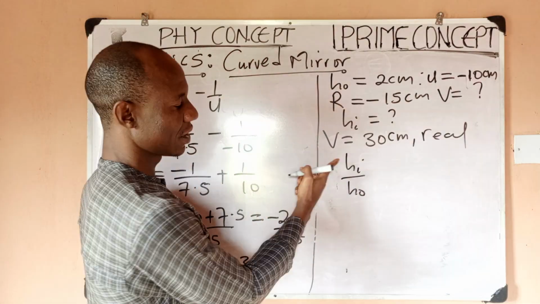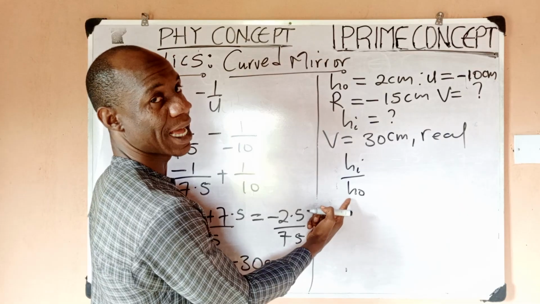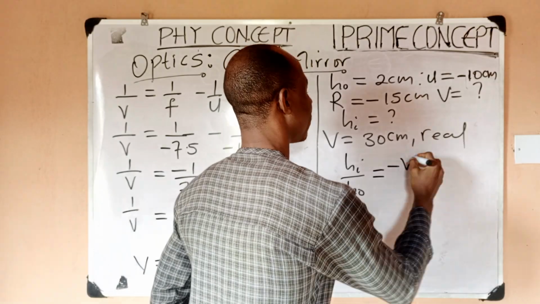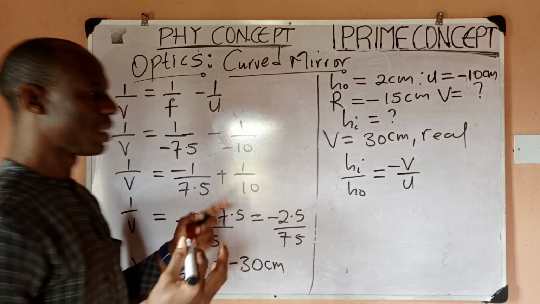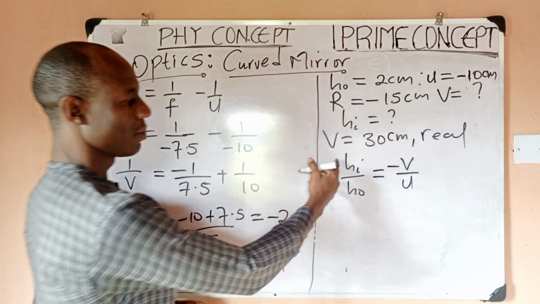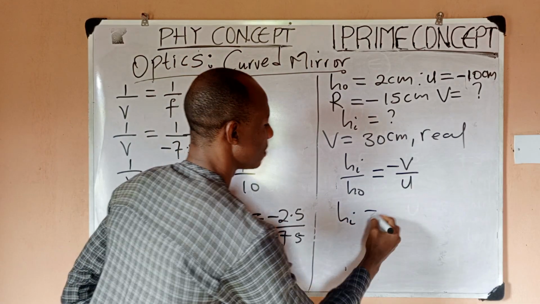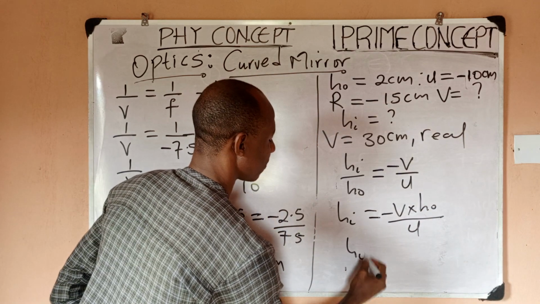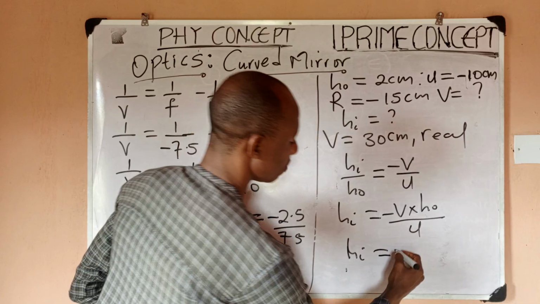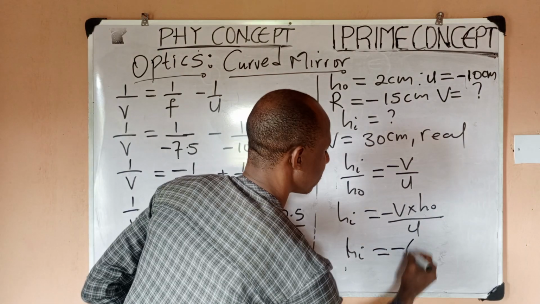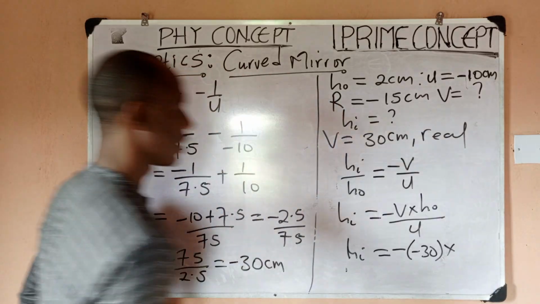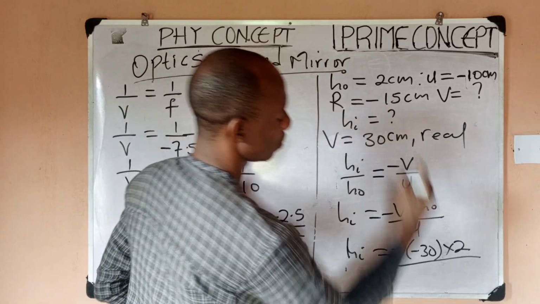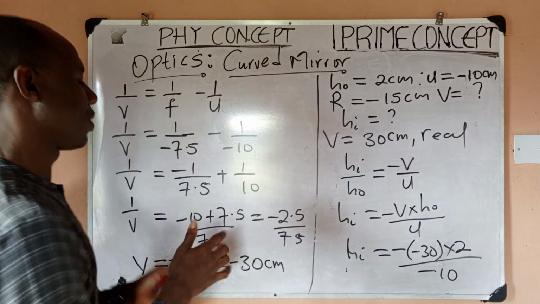Magnification is given as height of image divided by height of object, and magnification is also minus V divided by U. So if I want to find the height of my image, I make it the subject: height of image equals minus V times HO divided by U. So the height of my image is minus, my V is minus 30, times my height of object 2, divided by U, which is minus 10.